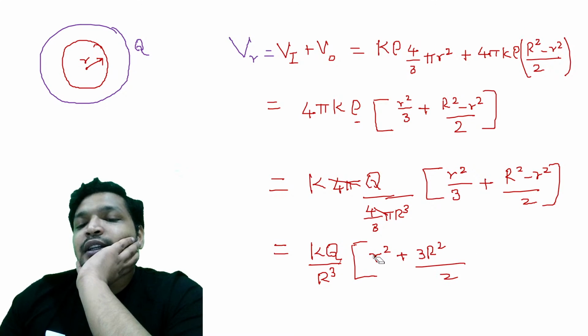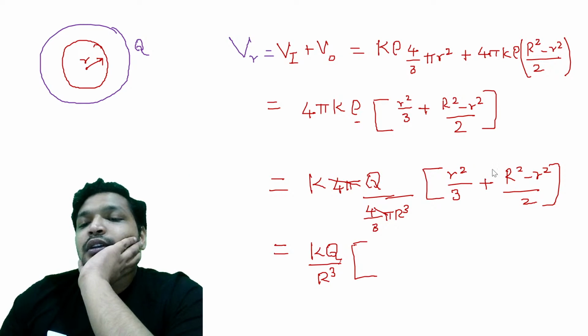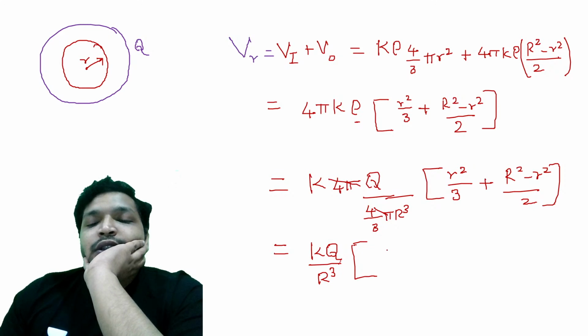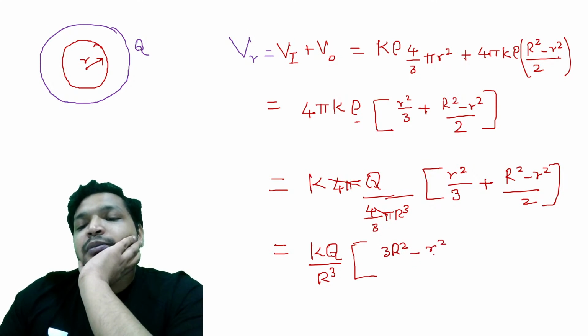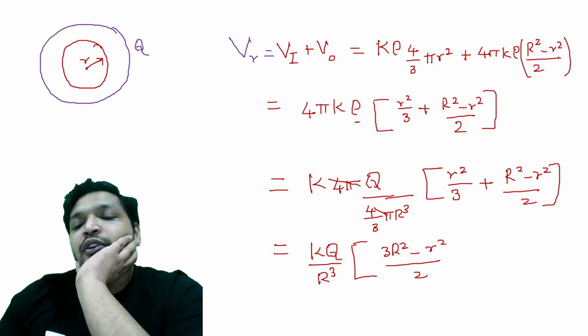So this can be written as 3 capital R square minus small r square divided by 2.